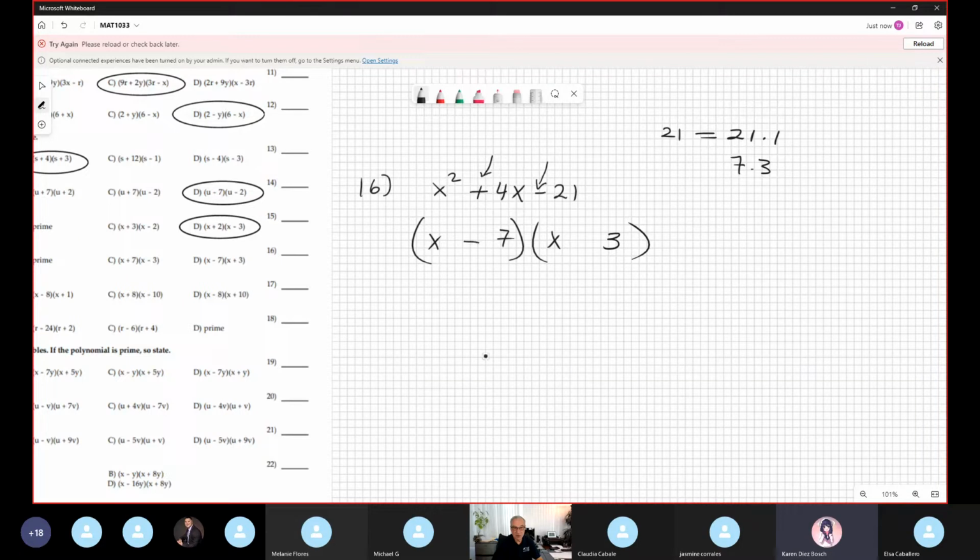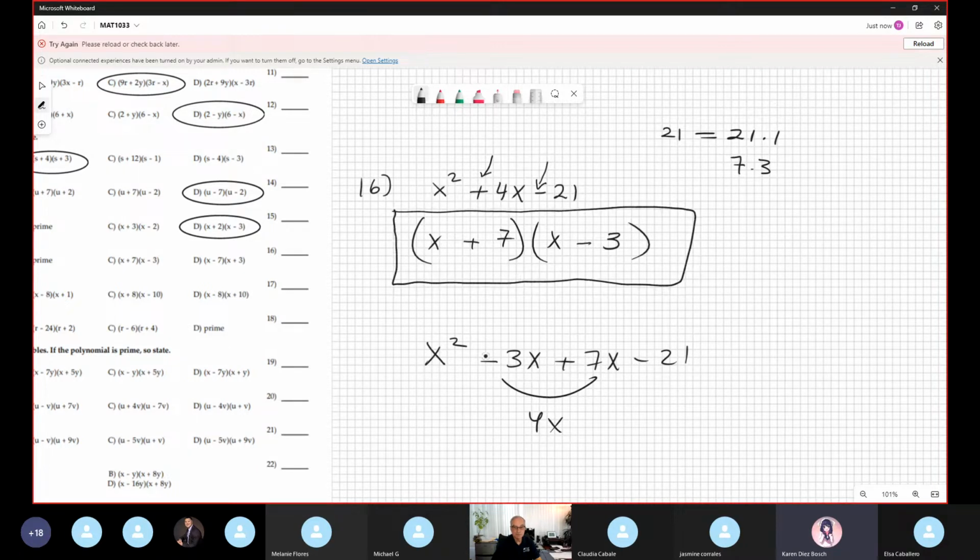So this is plus, and this is minus. Never do I trust 100% with this. I need to FOIL for verification. X times x is x squared, minus 3x plus 7x, minus 21. You combine this, positive 4x, exactly like the original, and this is my final answer.